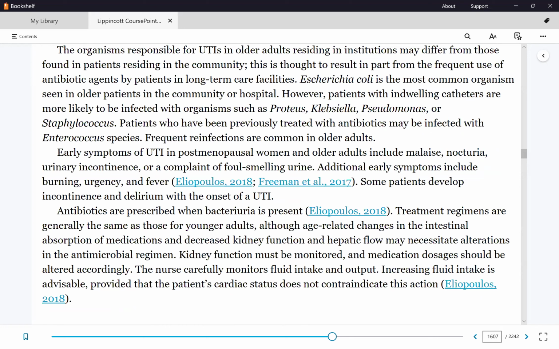Meaning they've had it for months or even years. Or some of these people have had them for decades. I mean, not the same catheter. Of course, we switch them every so often, because otherwise these latex catheters, what will happen to them? Yeah, they'll start crumbling. Of course, we switch them every now and then.